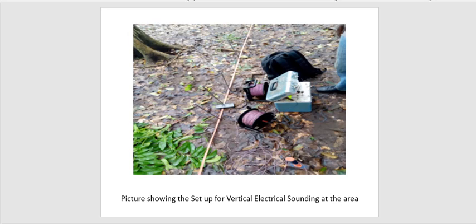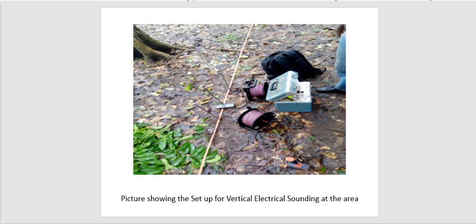When we talk about the geophysical investigation, you just need to contact the experts on it. The geologists are good at it, and they can help you to determine the groundwater level and all those things. What we used in this place was the electrical resistivity test, and we used vertical electrical sounding to determine the water level.